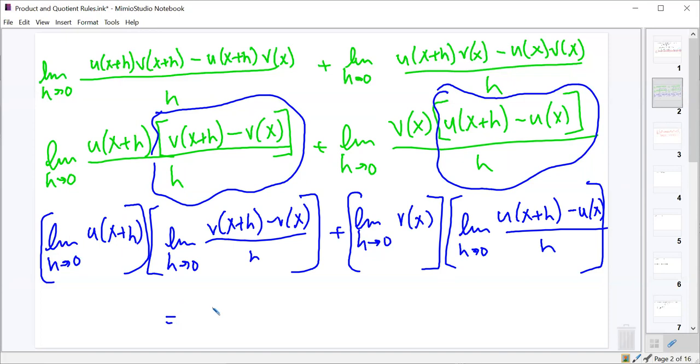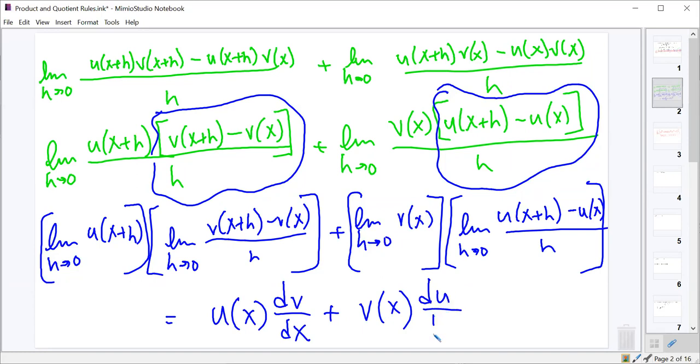Just u of x. And this whole limit is the derivative of v, dv dx, plus, and this one is the limit as h approaches 0 of v of x. Well, there's no h's in that, so that's just v of x. And this one is the derivative of u with respect to x.